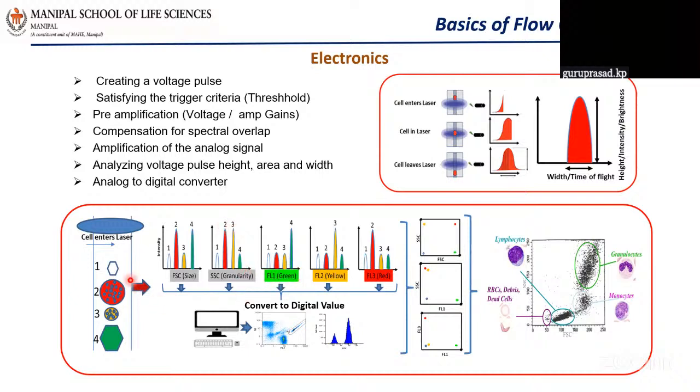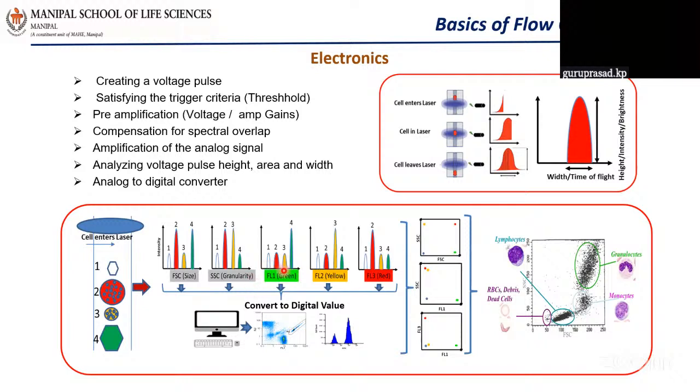You have stained the cells with 3 colors: say red, yellow and green. One kind of cell has taken a red color, another kind of cell has taken a yellow color, and the third cell has taken a green color. The green cell produces fluorescence light that is filtered and enters the first detector. So the first detector is the fluorescence detector which detects the green color.